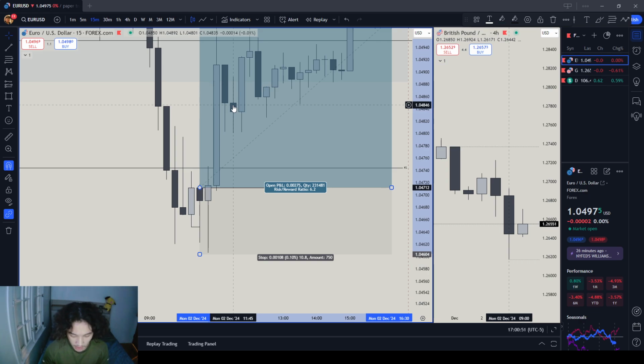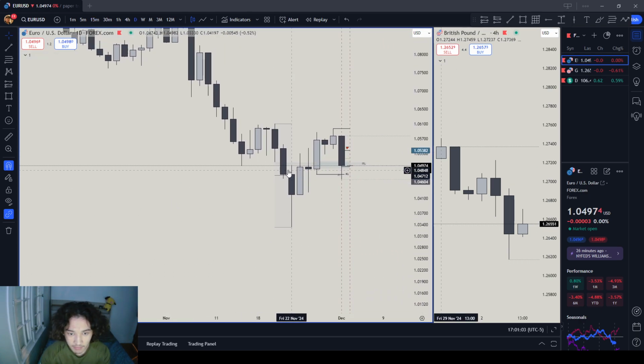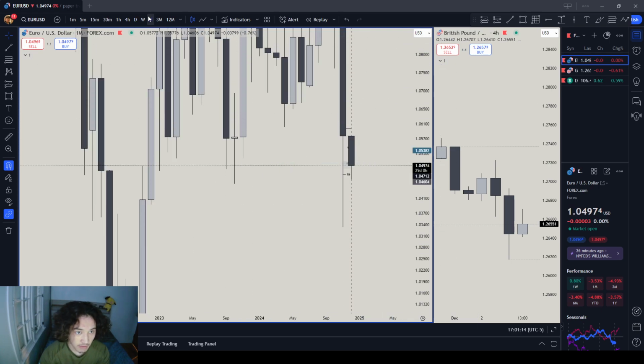So now let me show you examples of the body and the wick, and the purge of liquidity and the fill of liquidity. If we go to the daily time frame, let's just do the fill of liquidity. On the daily time frame, this candle got used as a body. And this candle right over here filled a monthly fair value gap.